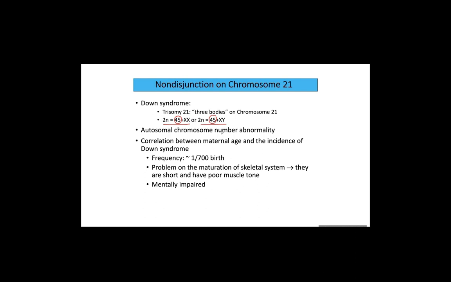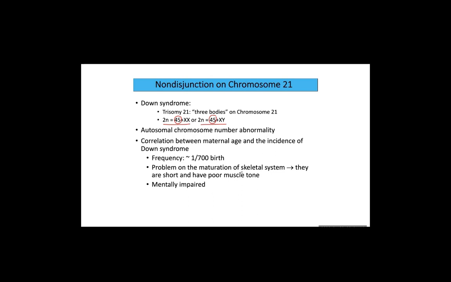The autosomal chromosome number is abnormal. There is a correlation between maternal age and incidence of Down syndrome. In other words, when a mom has a baby at a late age, maybe late 40s or early 50s, there's a higher probability of having a baby who has Down syndrome.